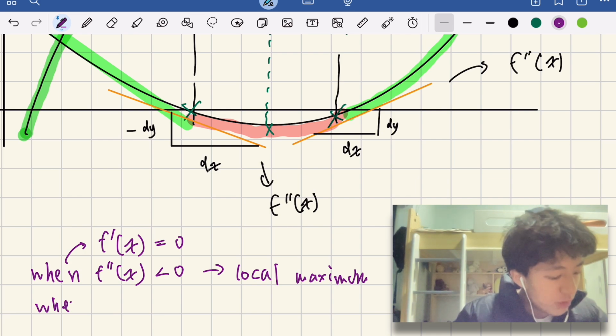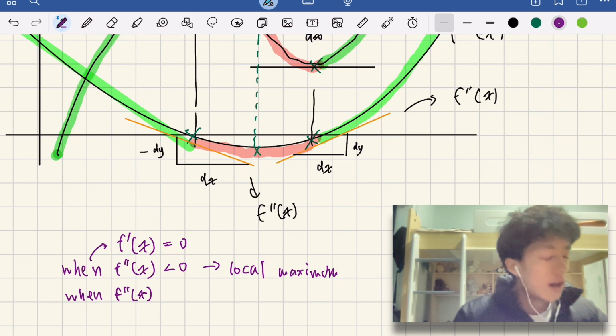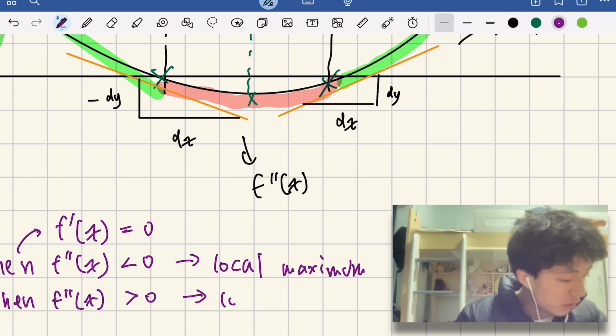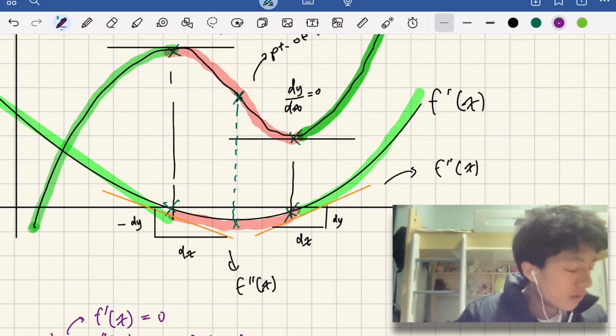And when f double prime x is greater than 0, you're at a local minimum. Okay, and that makes a lot of sense, right?